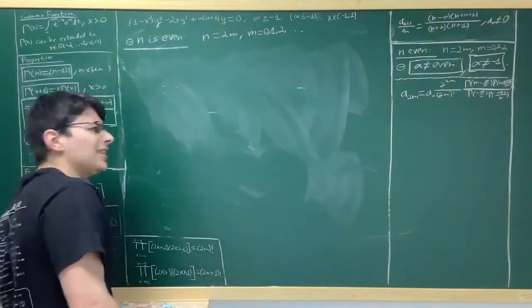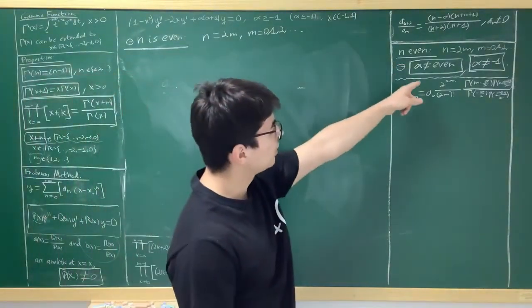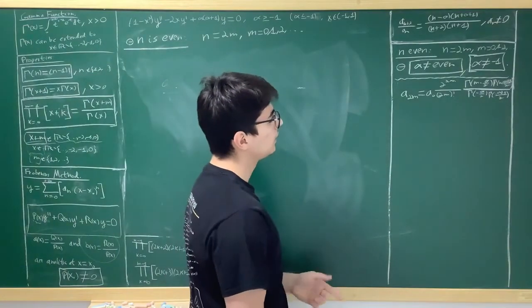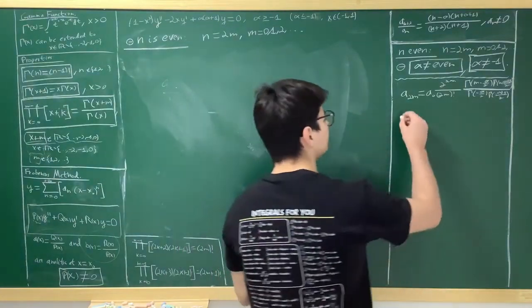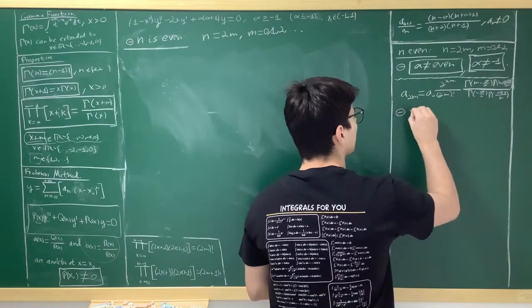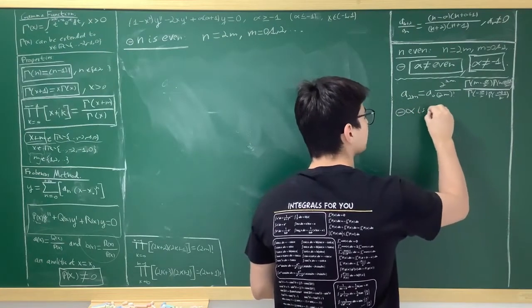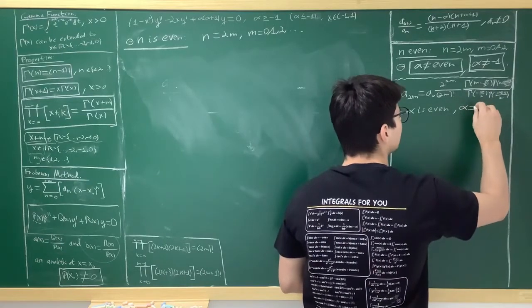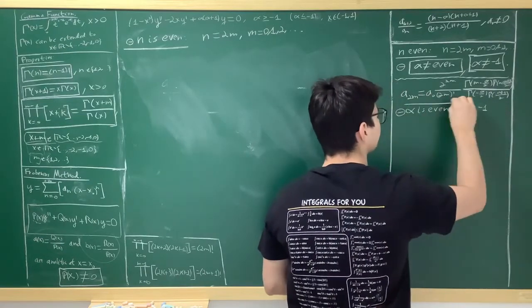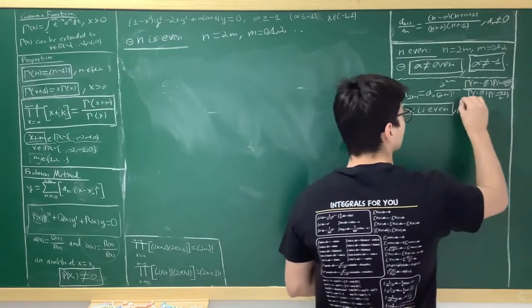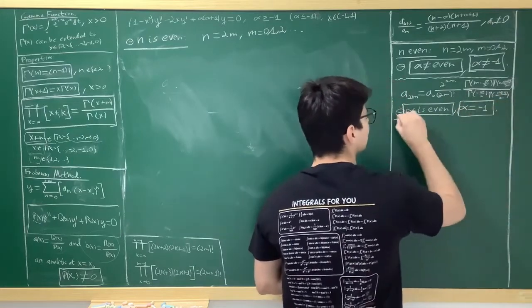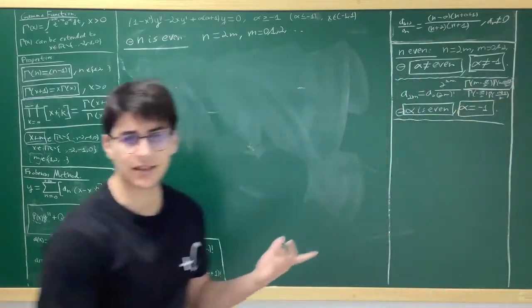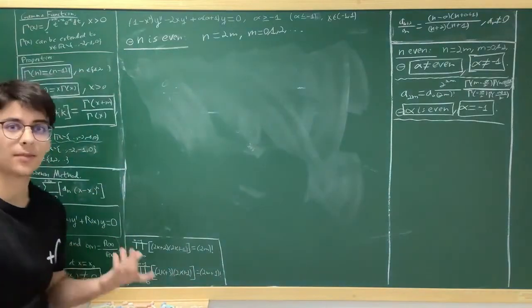Well, it's not really it for n is even, because what happens if alpha is even or alpha is negative 1? The only thing that happens now is that we can no longer use the gamma function.